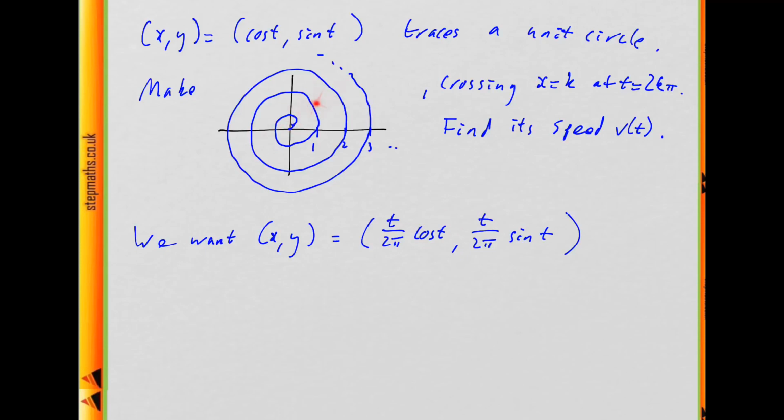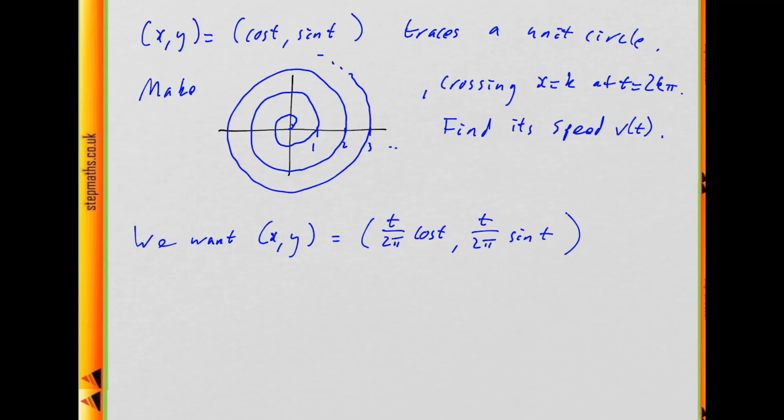But that will only measure the speed outwards. Suppose we're travelling like this, then we might be moving outwards, but we're also partly moving tangent to the centre. So not all of our speed is going out from the centre. For instance, if we're just moving in a circle, then we have a speed, but we're not moving outwards at all. So you can't just find the distance from the centre and then differentiate that.